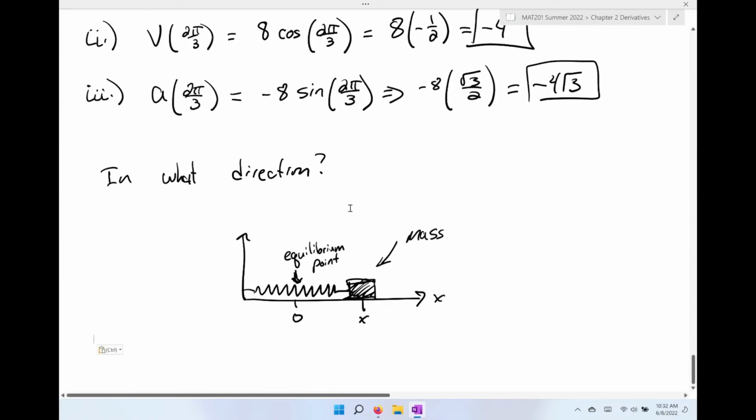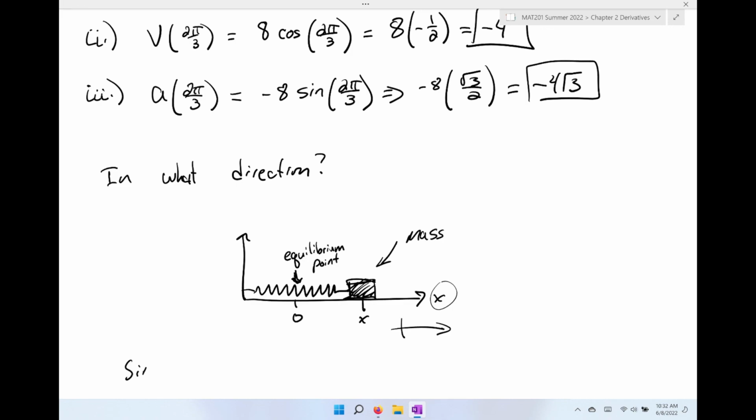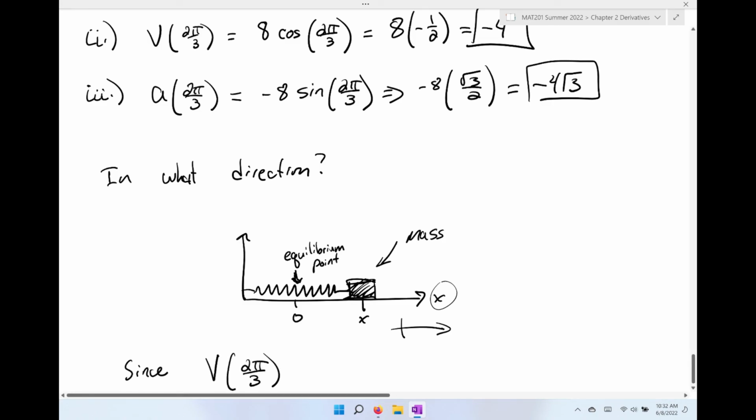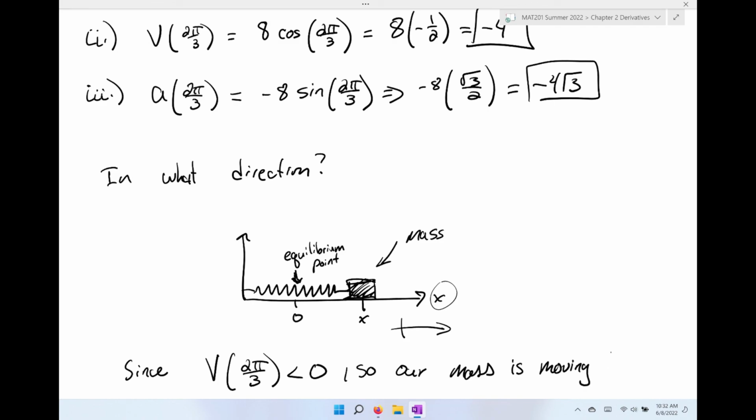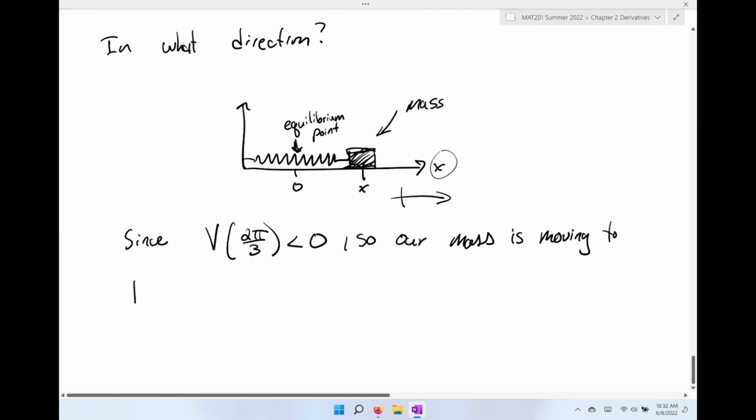Notice here, I wrote that as x, so that means the positive x direction is to the right. And since my velocity at 2 pi over 3 is less than 0, meaning it's negative, this is moving in the opposite direction of right. So our mass is moving to the left.